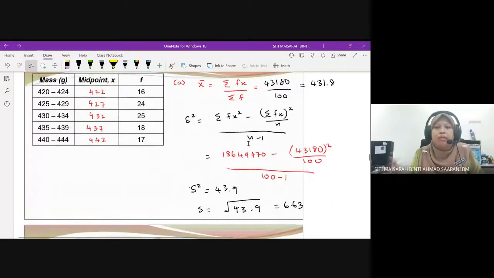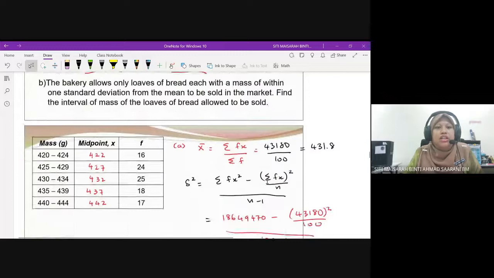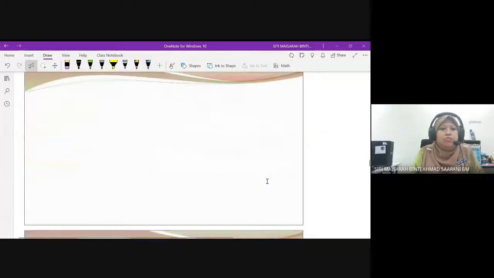A dia kita dah dapat. So now kita nak cari yang B dia pula. Okay. B dia dah sebut. Kalau dia dalam interval tersebut, so dia boleh jual lah. Bread, roti tu dia boleh jual lah. So jadi kita kena cari one standard deviation from the mean.